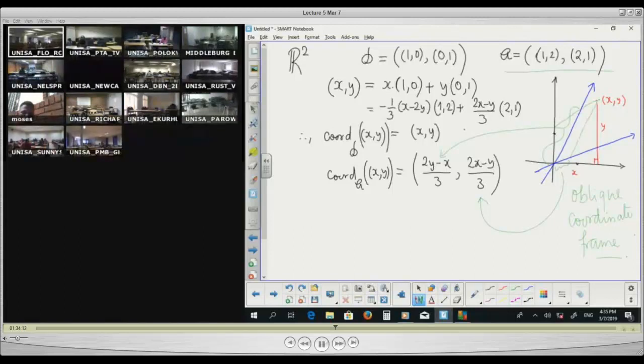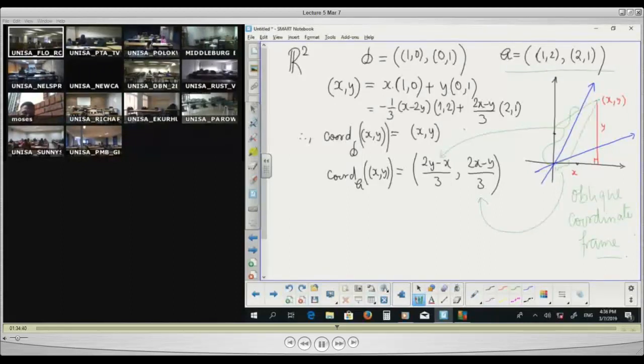Okay? And the coordinates become, as I have indicated, right? This part of the story is given by this number, and this part of the story is given by this number. Okay?